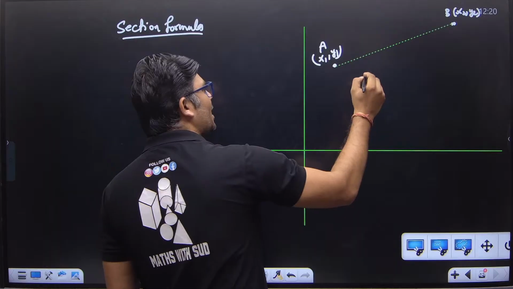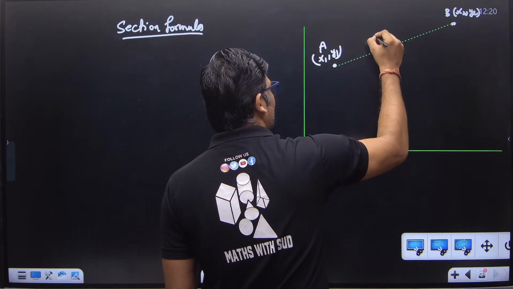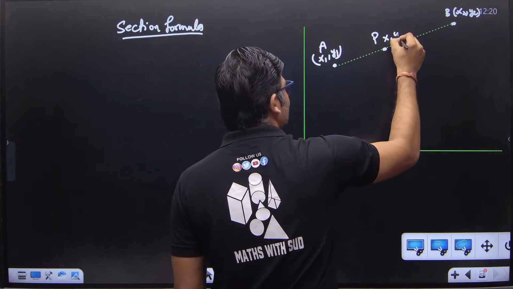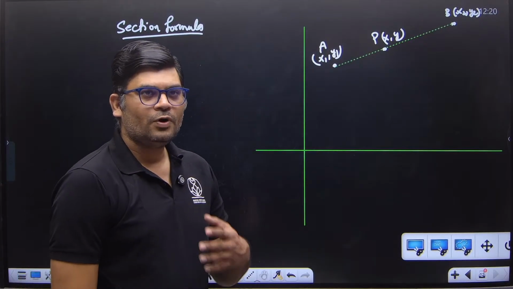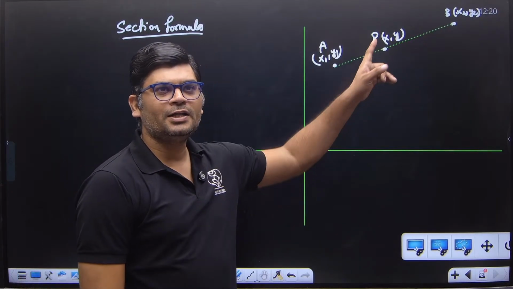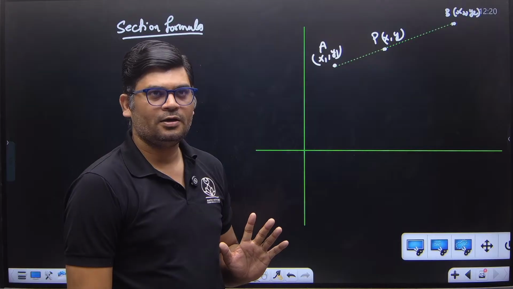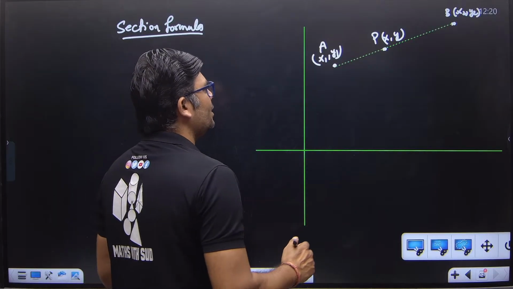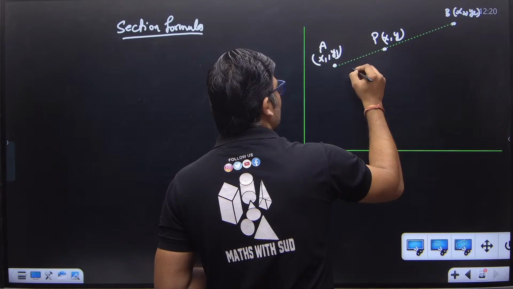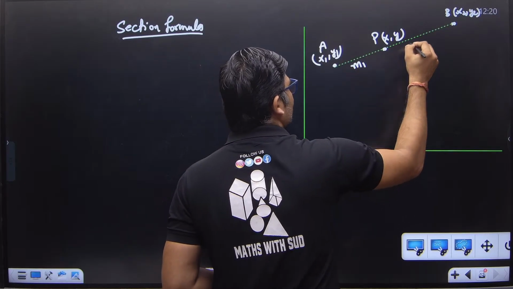In that line we are marking a point P whose coordinate is x comma y, which we need to find out. What is our job? Our job is to find the coordinate of x comma y. And what is the information given for it? The hint is that it divides AB in the ratio m1 is to m2.